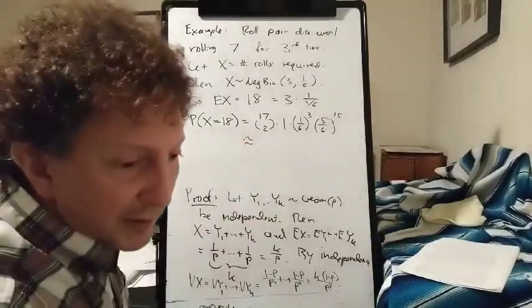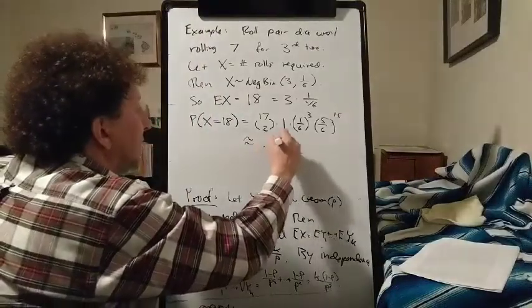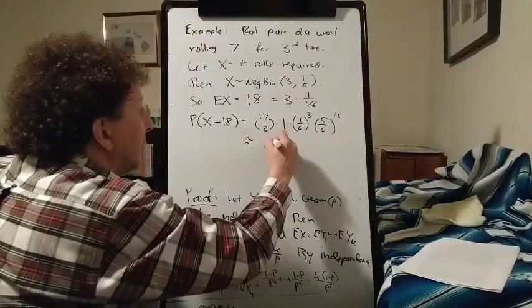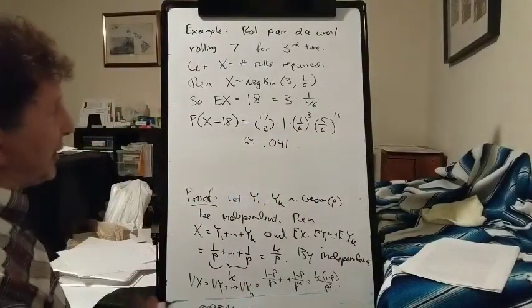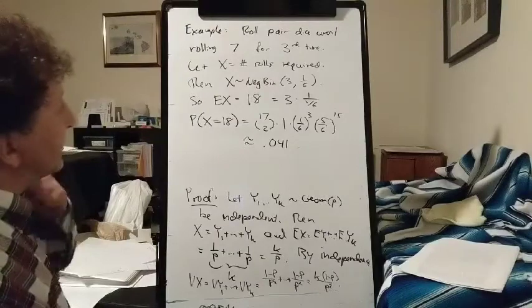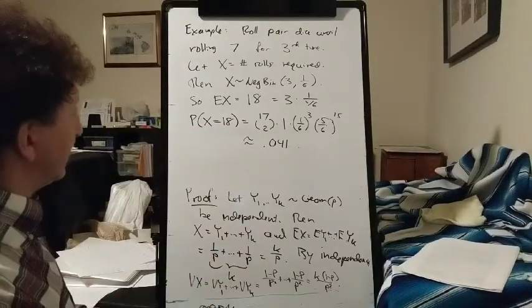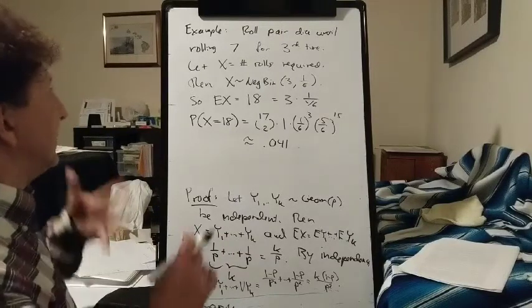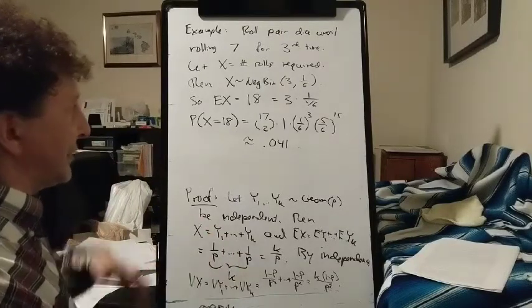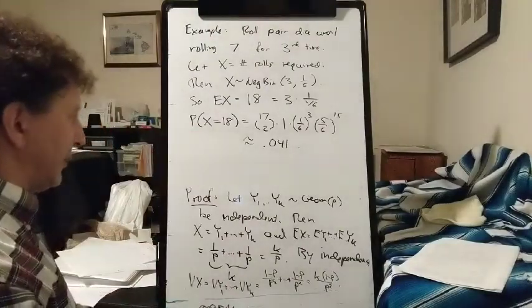So I put this in a calculator, and it turned out to be about 0.041. And that seems a little bit low to me intuitively. If we're going to try and roll 7 3 times, and it takes about 6 times to get each 7, we'd expect it to take 18. So I expected a higher probability there.